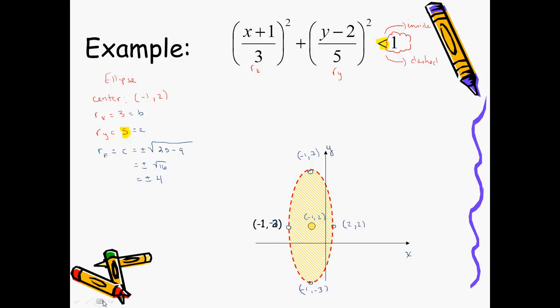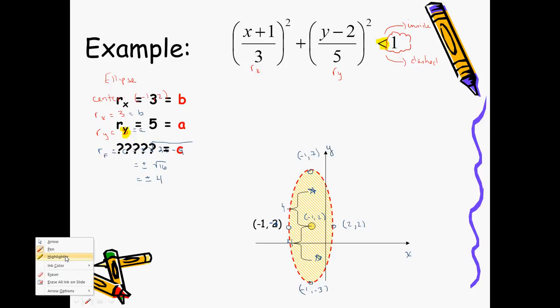Where are my focal points? Your focal length goes from your center and radiates up and down. How far? 4 units up, 4 units down. So what are the coordinates, though, of my focal point?